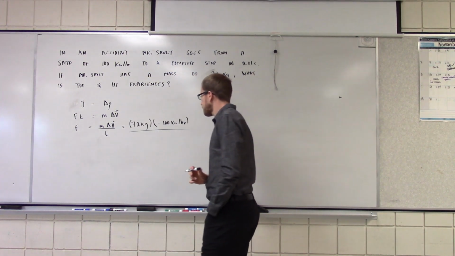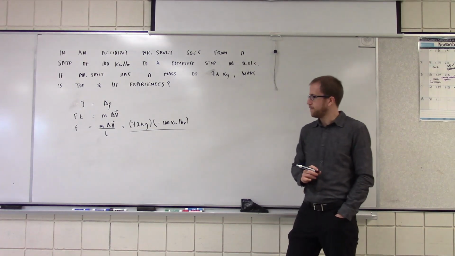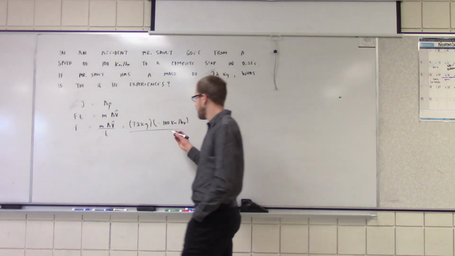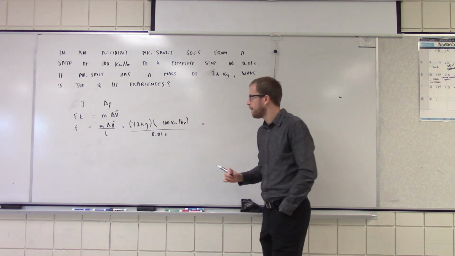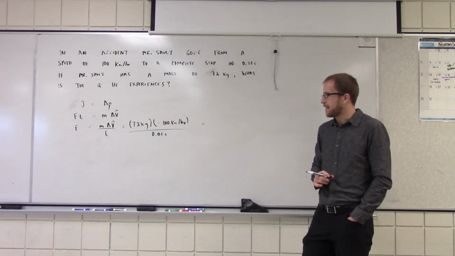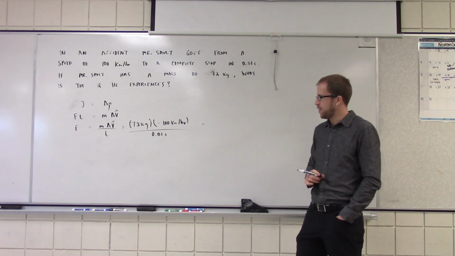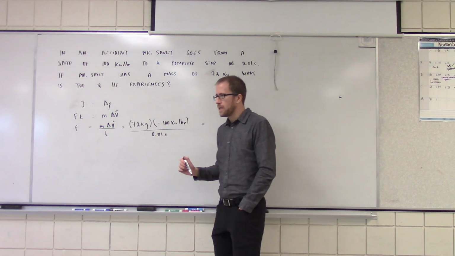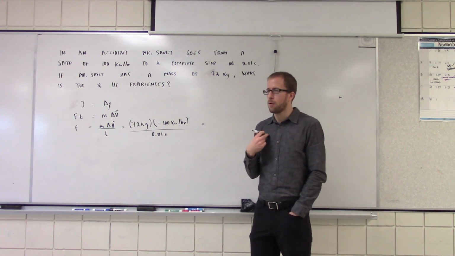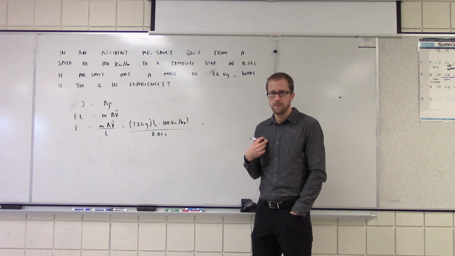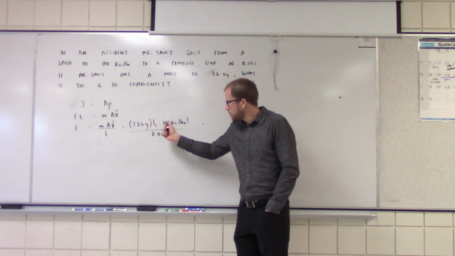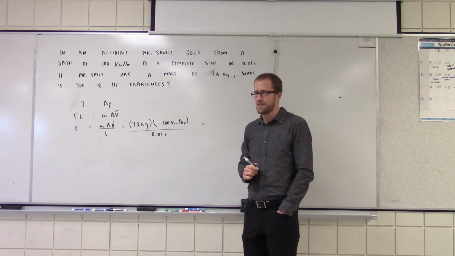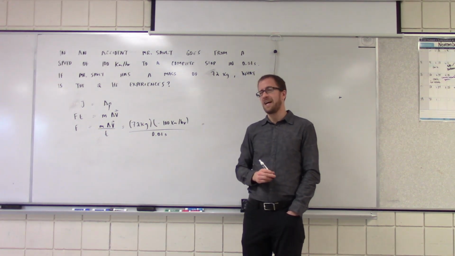And how long did it take for me to slow down? 0.01 seconds. Now, as a result of this accident, how much force am I going to experience? Over that 0.01 seconds, what kind of force is applied to my body? That's going to be 72 times 100, 7,200, divided by 0.01, which is like times 100 again.